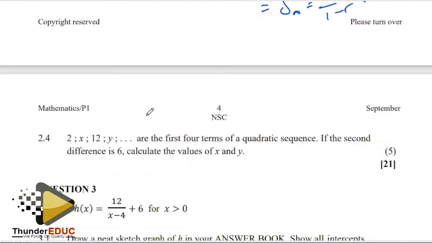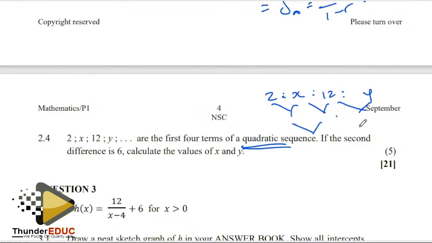Okay, there's another one here. We have 2x, 12, and y. They're telling us their first 4 terms of a quadratic. Sometimes they'll tell you what sort of sequence it is. So if it's a quadratic, just know that we have 2 differences that are involved. Okay, so 2, we have x, we have 12, and then we have y. So this and this is going to give us our first difference.